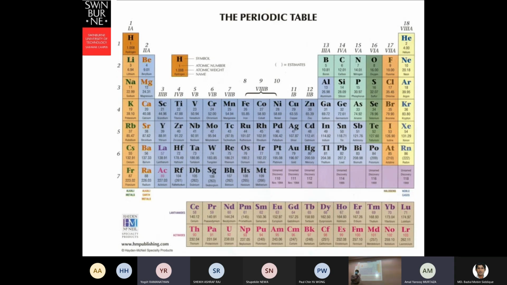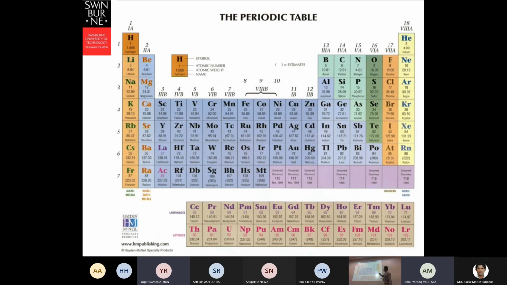And another interesting thing about the noble gases is that everybody wants to be like them. How? Either by shedding electrons or by gaining electrons. And that is how they form bonding.